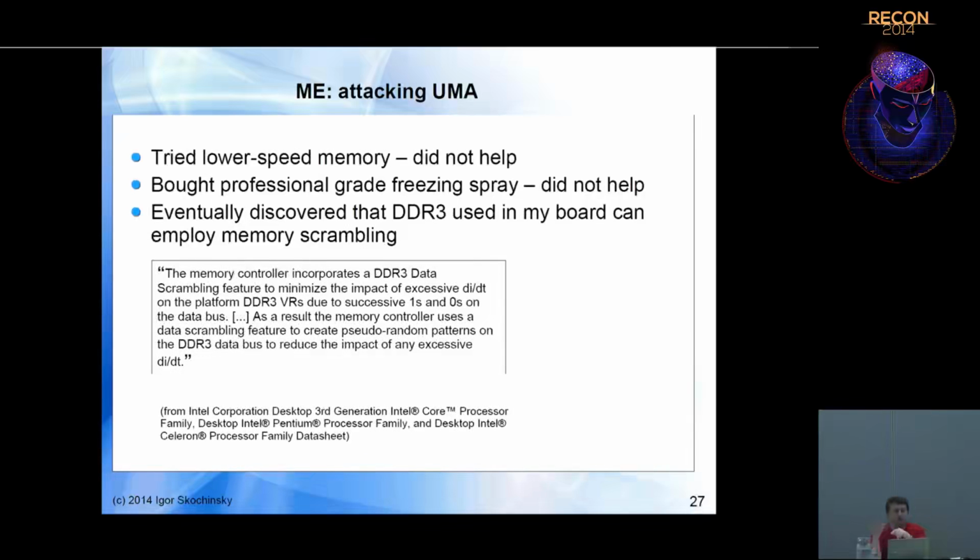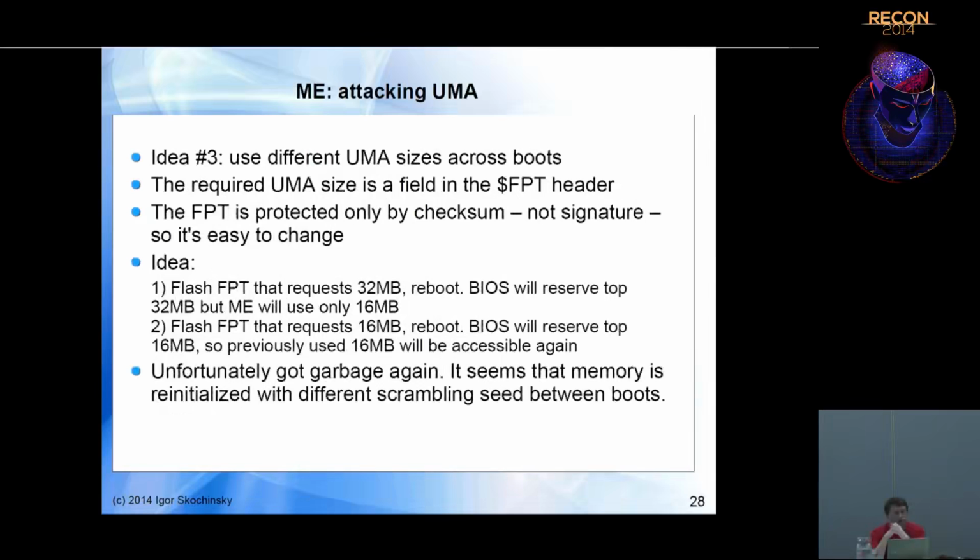They apply some pseudo-random scrambling so that they had better distribution of signals and less interference between the signals. And this scrambling depends on the address and on the actual data which is sent over. So if you swap the sticks, the address changes and the scrambling being applied is different, so it doesn't work. So that was disappointing.